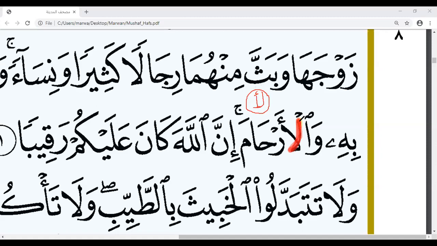But in this case, we always start from right to left. So right, and then they go down left, and then they did the connection. They went to the right, and that was the connection, and then they put the a. So this is actually a la followed by an a. So when you see it, that's how you read it. If there was a fatha here, that would have been a la, and then followed by an a. So that's what this is.